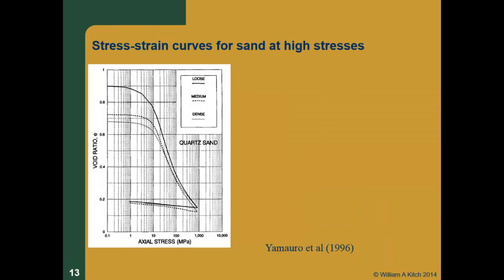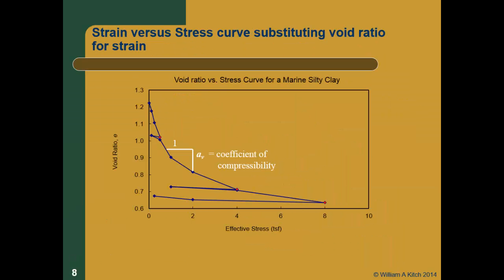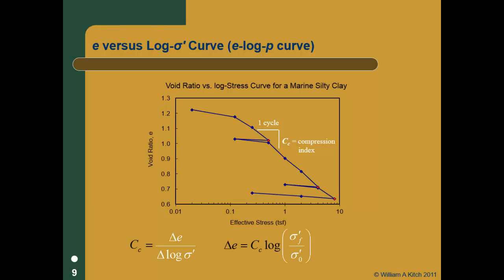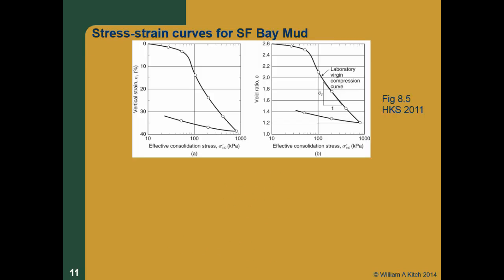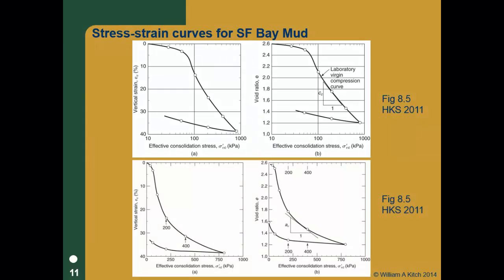Last time we looked at this material, we said we have stress strain curves that look like this. When we plot them in linear space, they definitely don't have a constant modulus, though they may have a constant C sub C in this space. We also said that this point where it looks like there's a dramatic change in modulus here, really there's not any significant change in modulus.